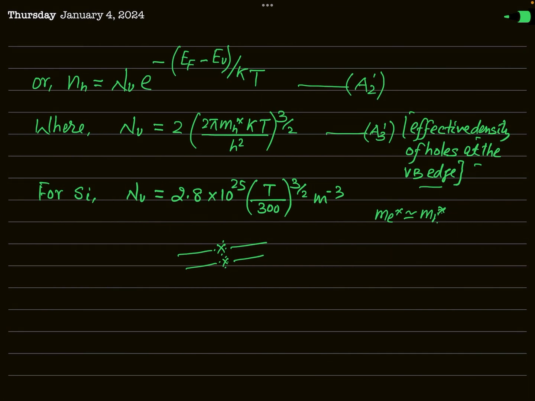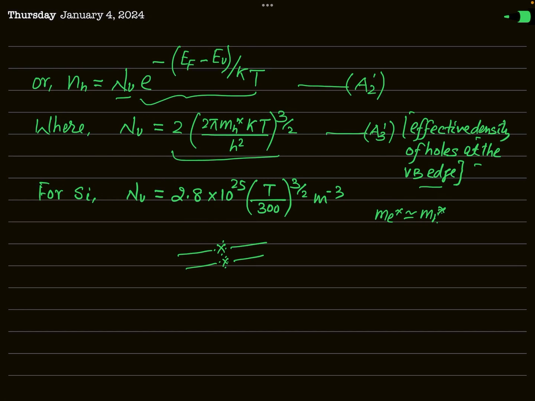So instead of that factor I have written here NV, which is just analogous to NC. So NH is equal to this much, where NV is equal to this much. And this NV is called the effective density of holes at the valence band edge.